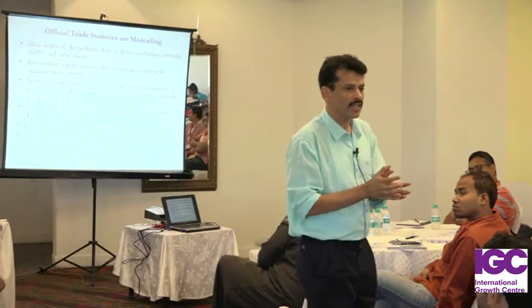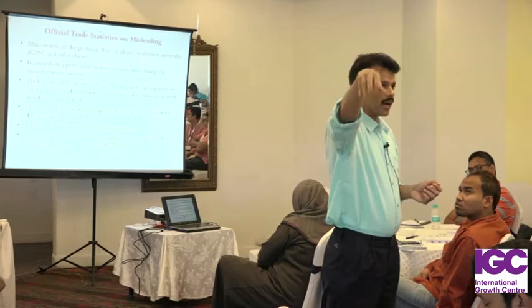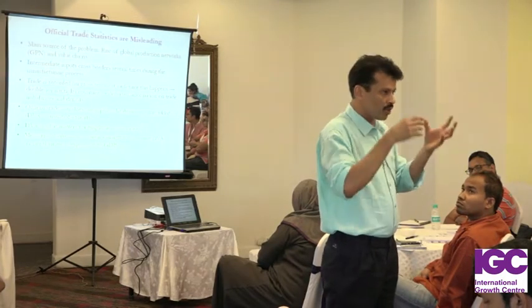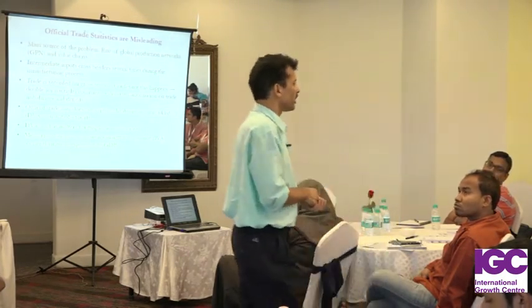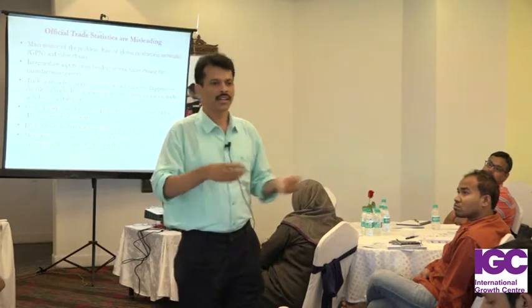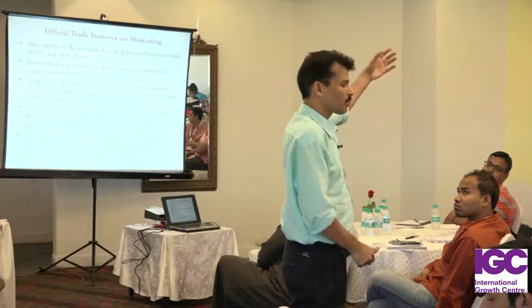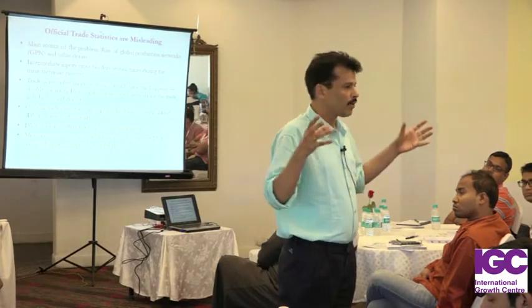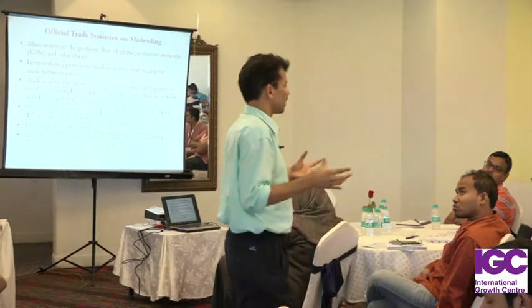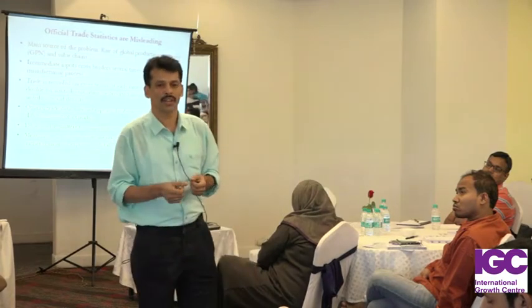So when they specialize in assembly activities, the parts and components which they use in producing an iPhone come from various countries. It does not come only from the United States, it comes also from Japan, Taiwan, Korea, and many other countries are involved in the production of the final good.